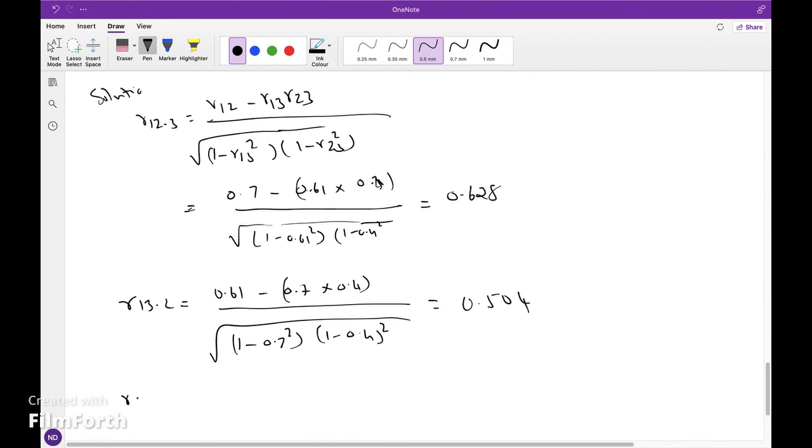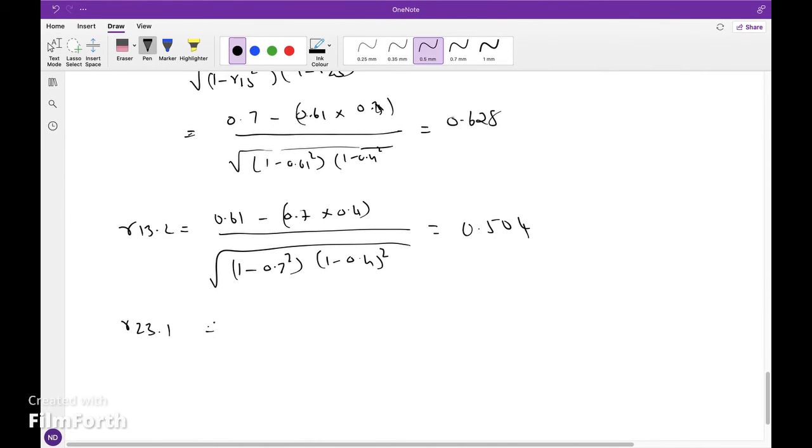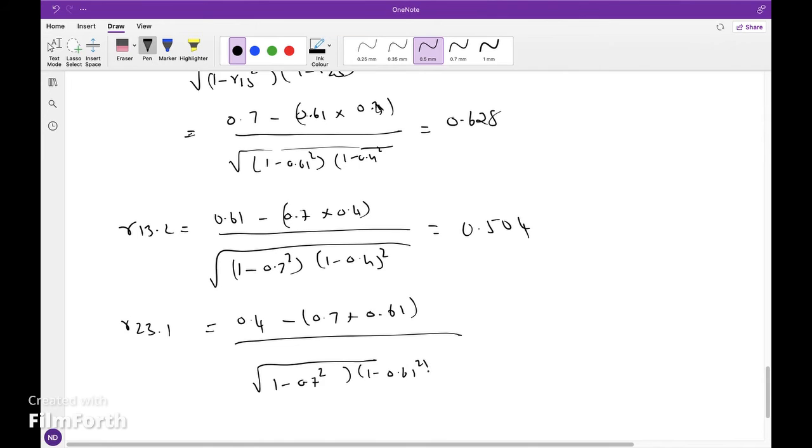Similarly, r23.1 is (0.4 minus 0.7 into 0.61) whole divided by the square root of (1 minus 0.7 squared) into (1 minus 0.61 squared). With a calculator you can get minus 0.048.